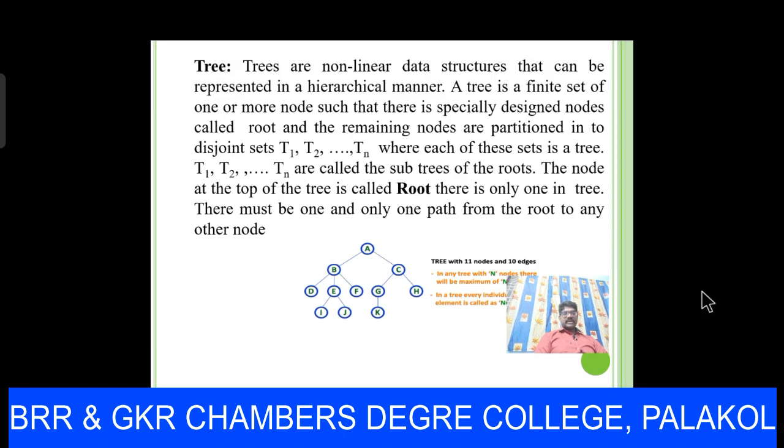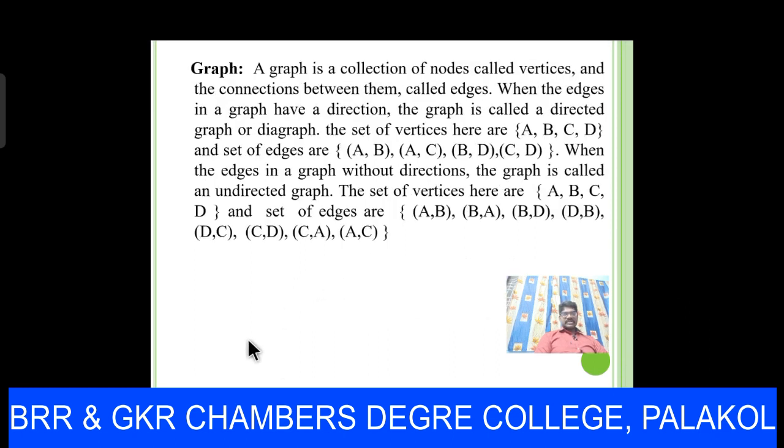That means we can arrange the direction from A to B, B to C, C to D. So we can move in different directions, and we call it a graph. The graph is a collection of nodes called vertices. So A, B, C, D are the vertices here. From A to B we are connected by a line, from B to C by a line, and C to D by a line. These lines we call edges.